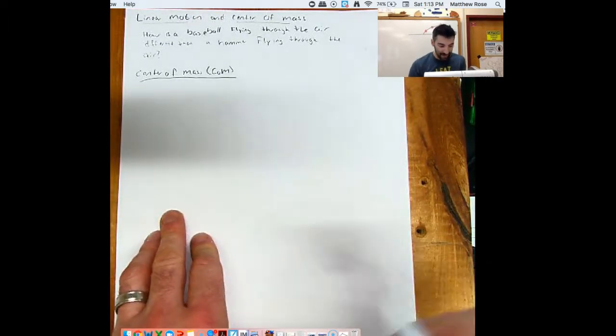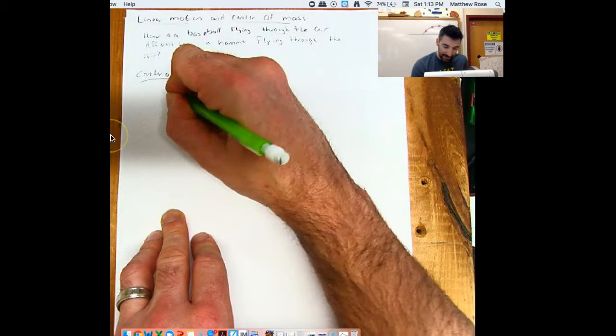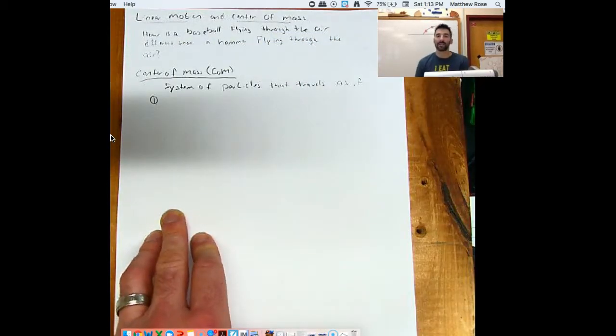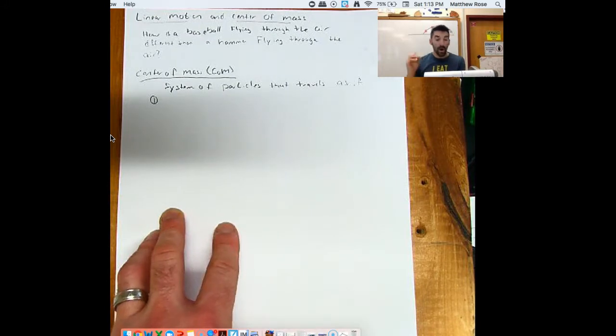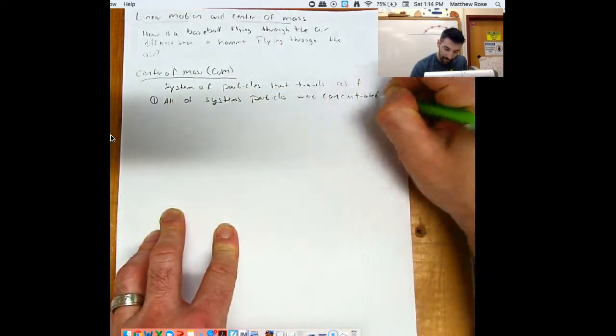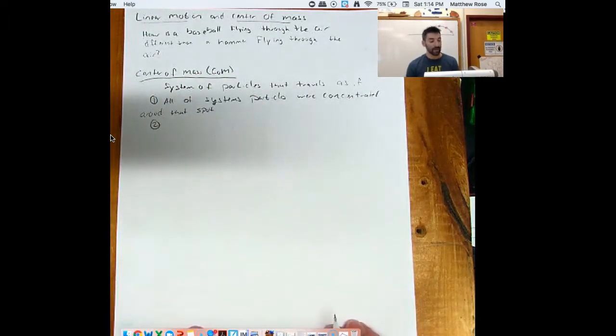So we're going to define it as the system of particles that travels as if, one, all of the system's particles were concentrated in that spot. And there's a two that goes along with it. Two is going to be as if all of the external forces are also acting on that one spot that we're defining as the center of mass.